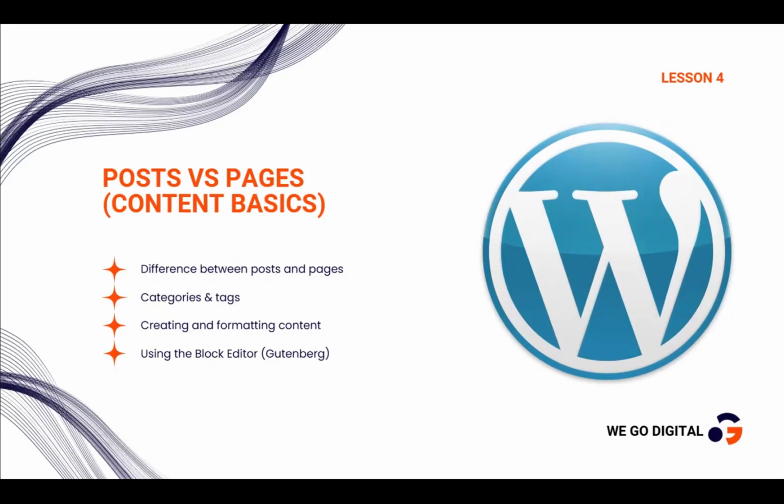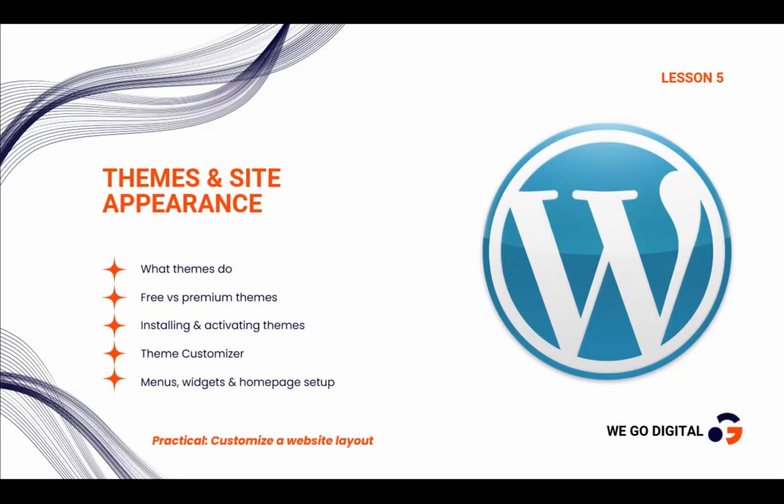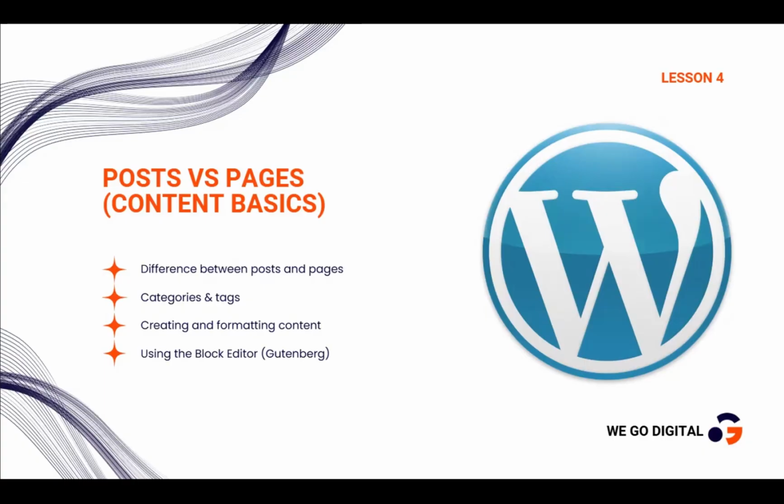Then we'll look at categories, how to categorize your pages, how to categorize your posts. Then also how to create and format your content. We'll also look at the block editor. That's Gutenberg. We have more time when we look at themes, uploading themes. Let's get to posts and pages.